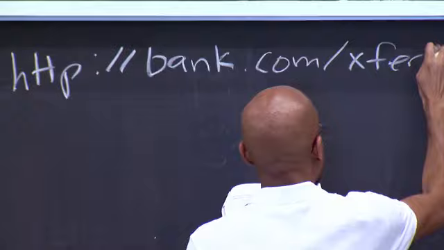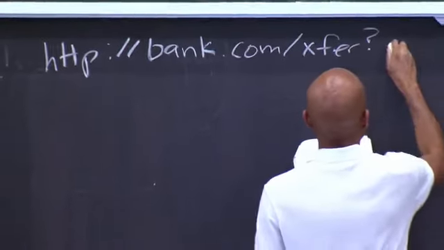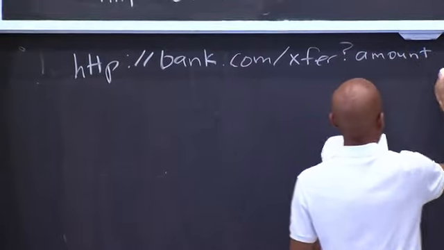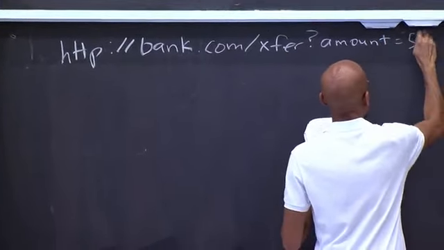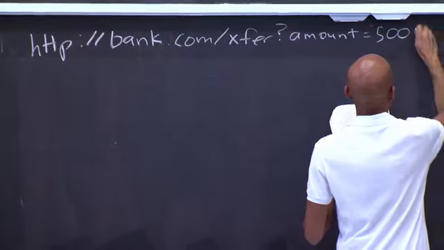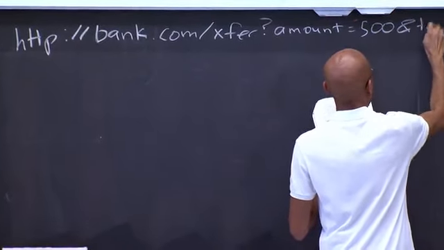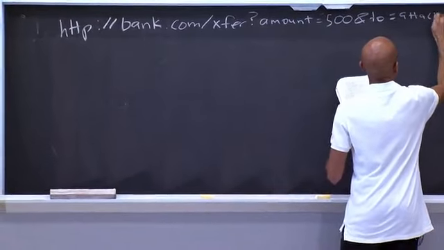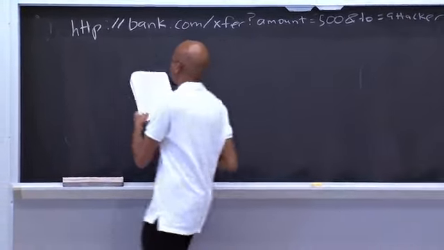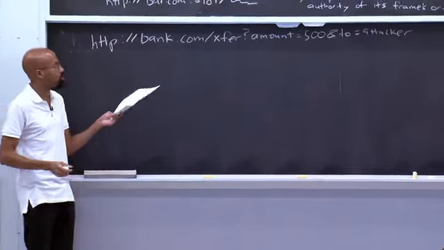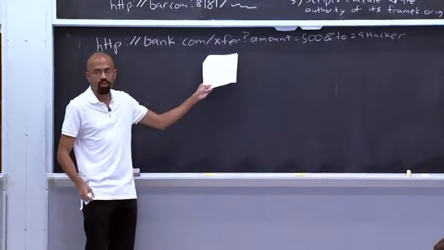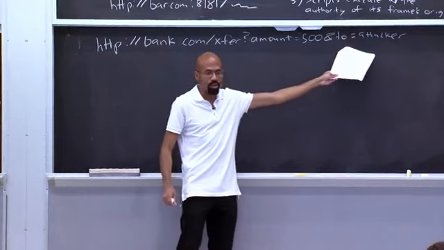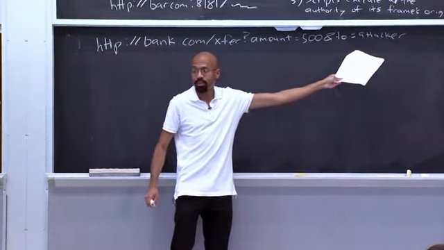Then it tries to mimic what the browser would do if there was going to be a transfer of money between the user and someone else. So in this frame that the attacker is trying to create, it tries to invoke this transfer command. It's saying $500, and that should go to the attacker's account at the bank.